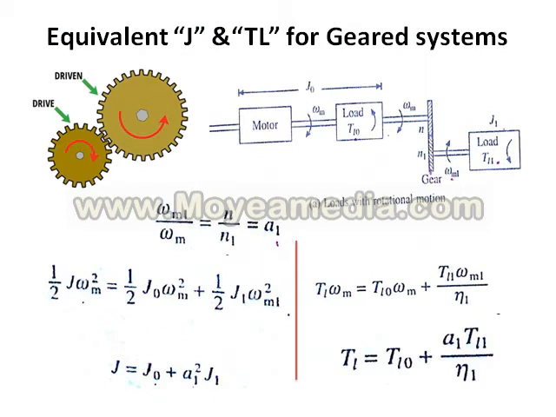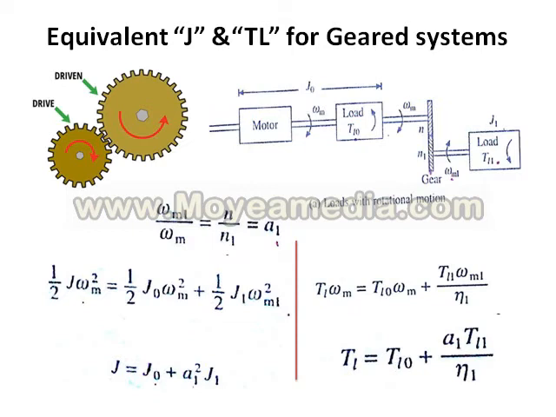In systems where there are gears, sometimes we want a reduction in speed or an increase in speed. So some loads are connected to the motor through a gear arrangement. The diagram is shown here. One wheel is called the drive, the other one is called the driven. The drive is where the motor is connected and the driven wheel is the load.